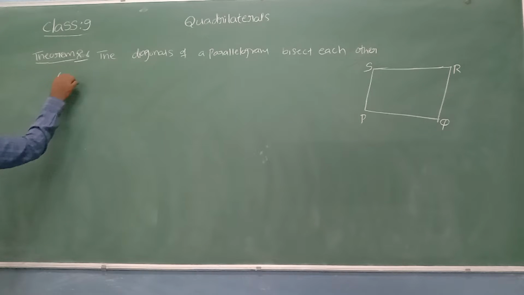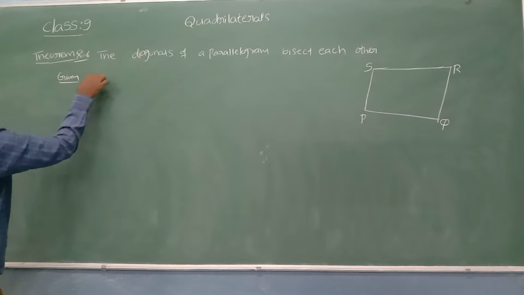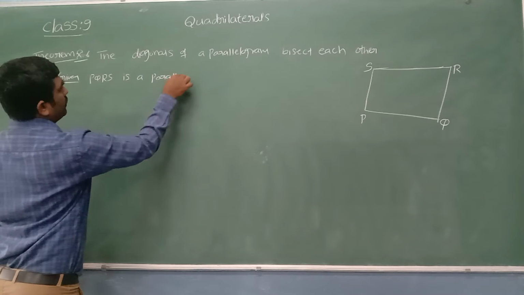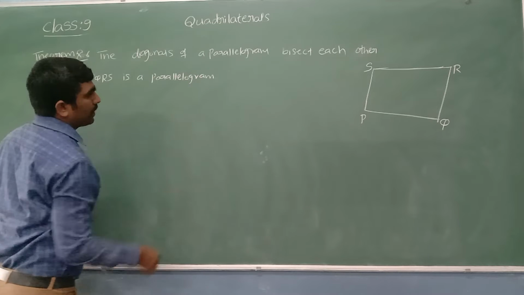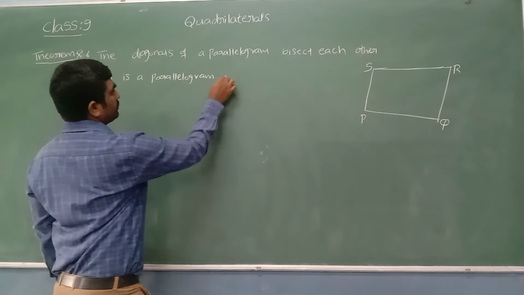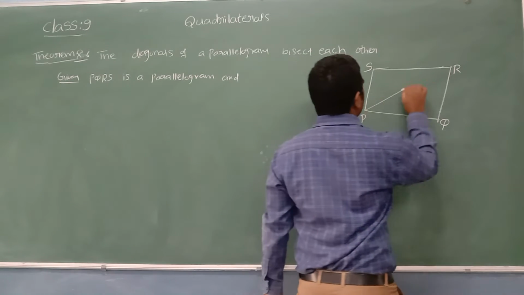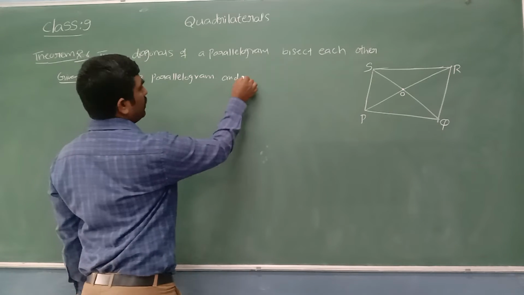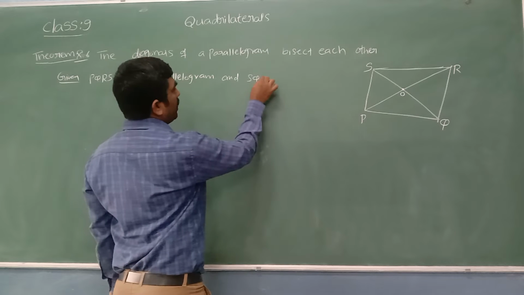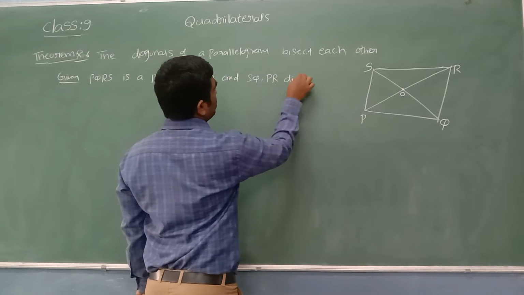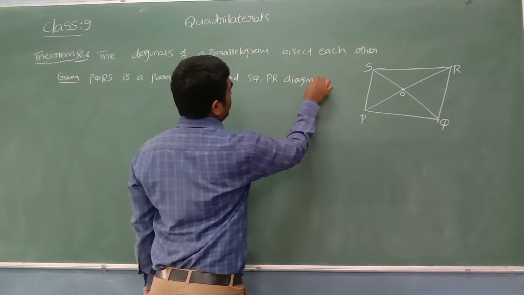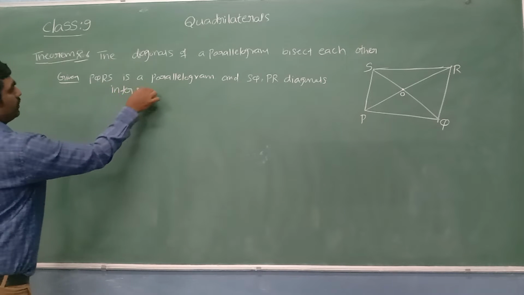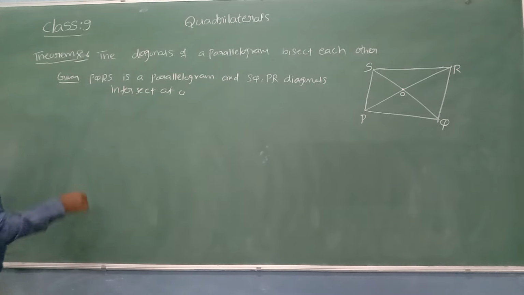We'll write here, given: PQRS is a parallelogram, and the diagonals PR and SQ bisect at some point O. The diagonals intersect at O.